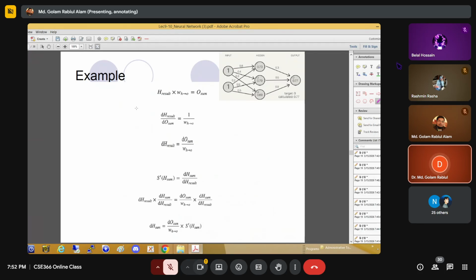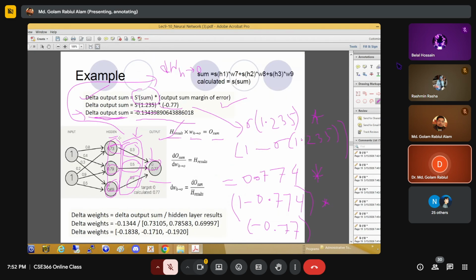To derive the equation, again, we want to use the equations we have used in our forward propagation. So that is hidden results times WHO equals O sum. This equation, previously we have discussed also here. So this one, the output sum, will depend on hidden results and WHO.